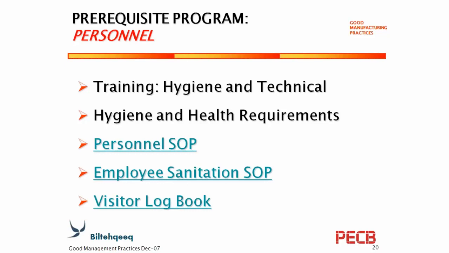And if there is some visitor, you should also maintain a proper procedure for visitors, and you have to maintain the visitor logbook, because the visitors can also be a source of contamination.